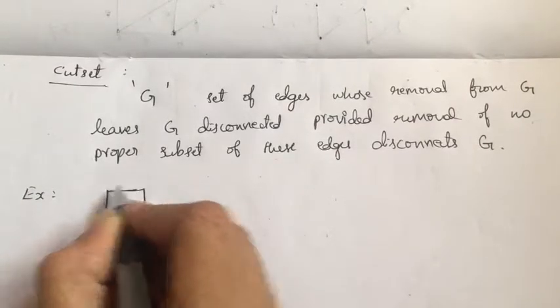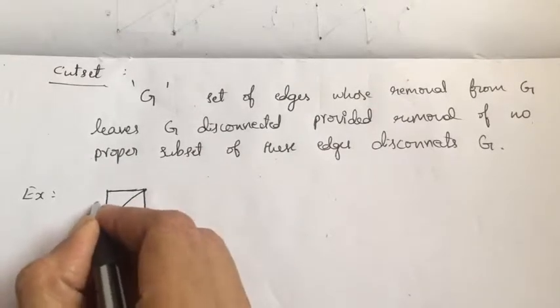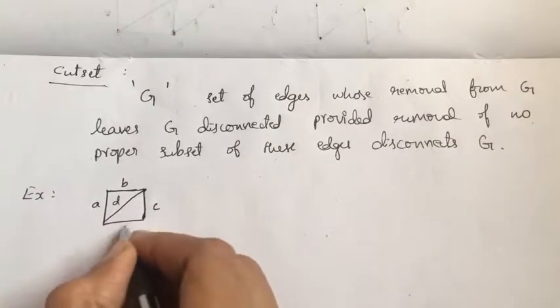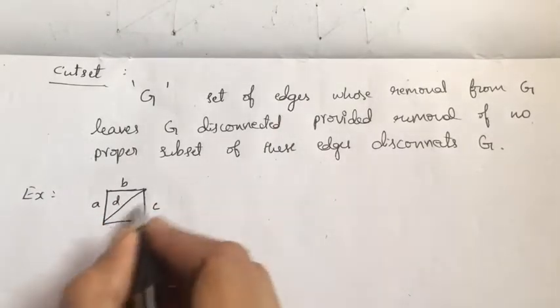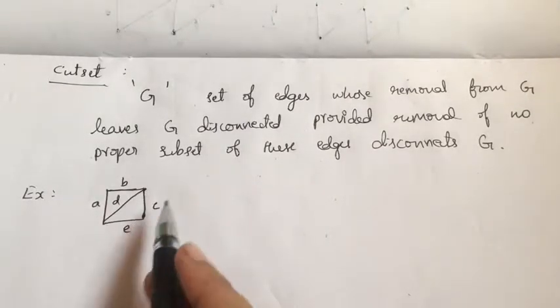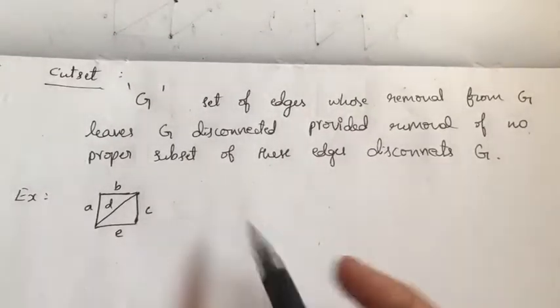Suppose I have a graph. For this graph, say if I delete two edges, then the graph will disconnect, of course.